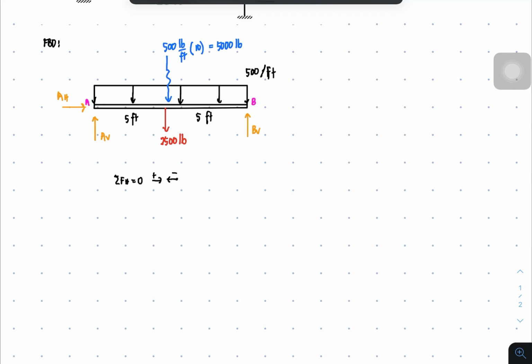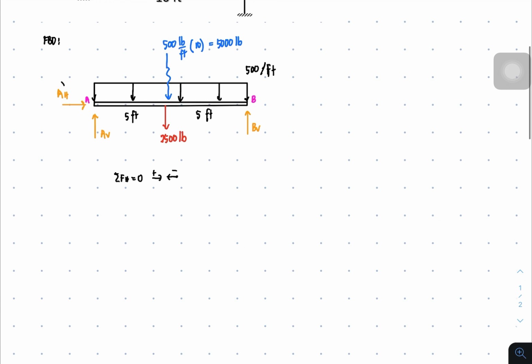In the illustration, we only have AH, and that is to the right, along the horizontal, and no more. Since there is no other force aside from AH, you have to equate that to 0 to support the equilibrium concept. Therefore, AH equals 0 is our final answer for that support.